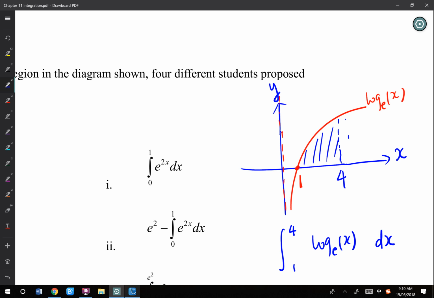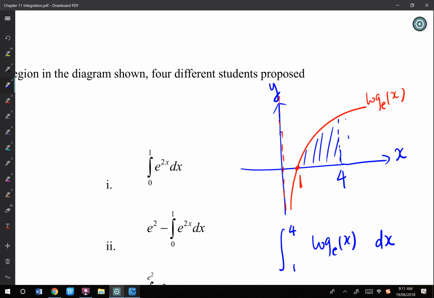So I will integrate the e to the power of y graph with respect to dy, because your horizontal x-axis becomes the y-axis. So I just integrate this graph according to dy. And then the points I need are from this point to this point, right?